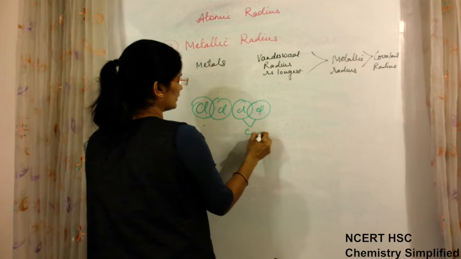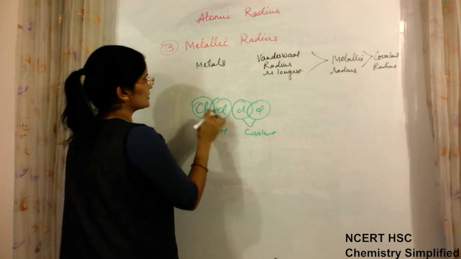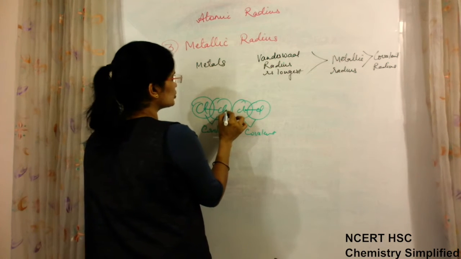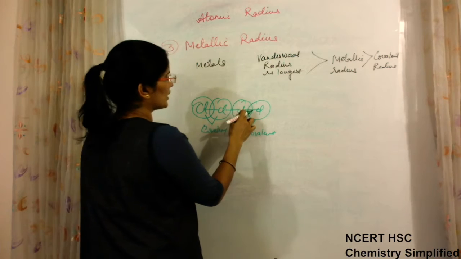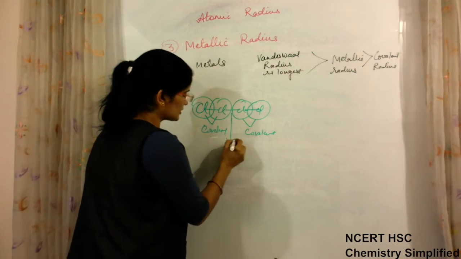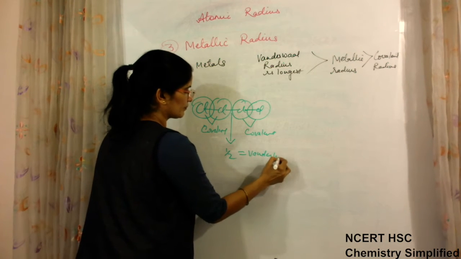This bond is covalent. This bond is also covalent. So the radius given by these will be covalent radius. And if I measure the distance between these two chlorine atoms which are not bonded to each other, half of this distance will give me the van der Waals radius.